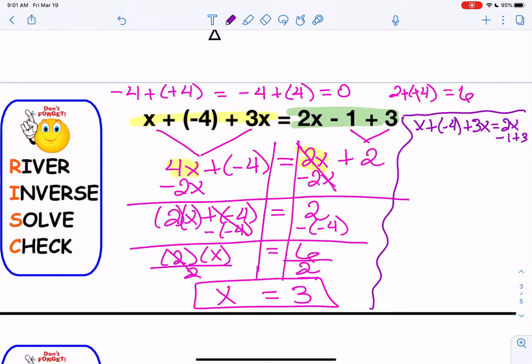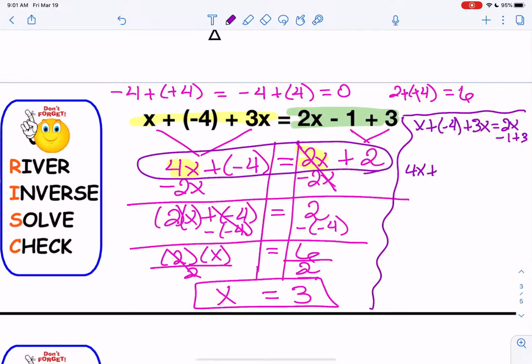So actually in these you can take the simplified equation and use that to plug in your answer, which will make it a lot easier. So we're going to have 4x plus negative 4 equals 2x plus 2. Now, we said x equals 3, so I'm going to plug that 3 in everywhere that there is an x.